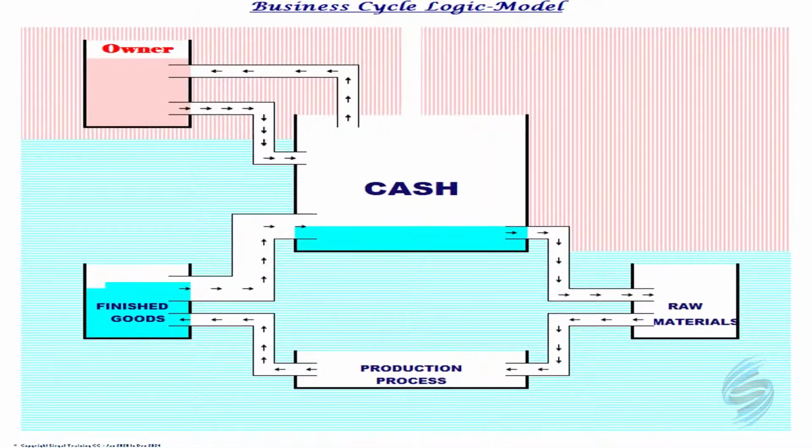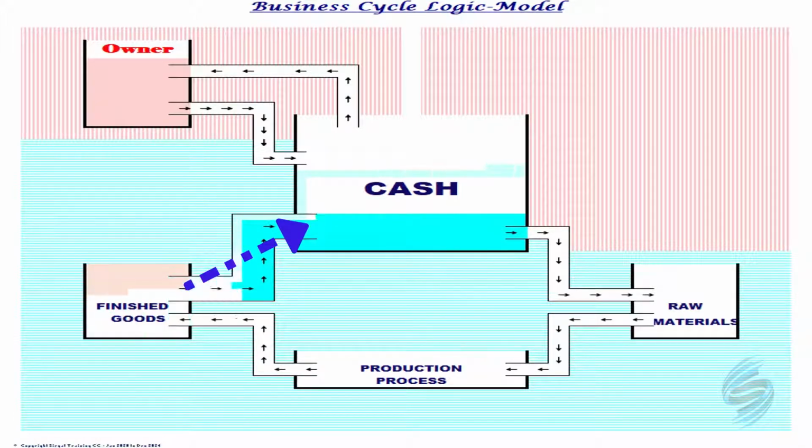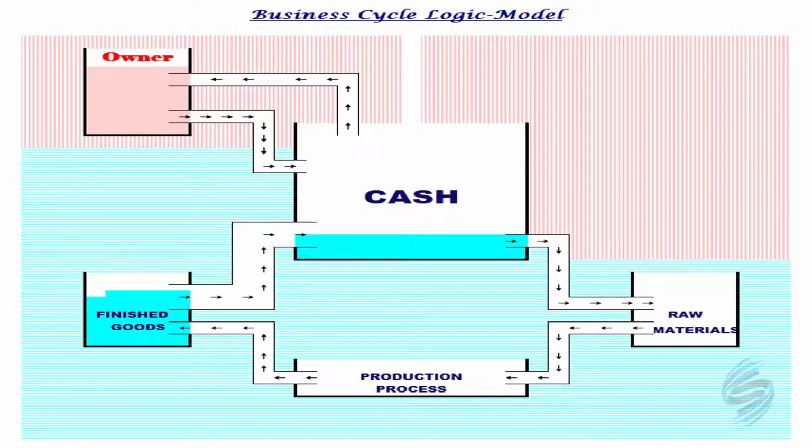Now, in the earlier model, the flow went along this part of the model where you can see it leaving the finished goods reservoir and going into the cash reservoir. However, when we sell on credit, it generally means that that customer is going to pay us sometime in the future and isn't going to pay us when the goods were received, physically that is, or when the service was delivered, but are going to rather pay us on a future date.